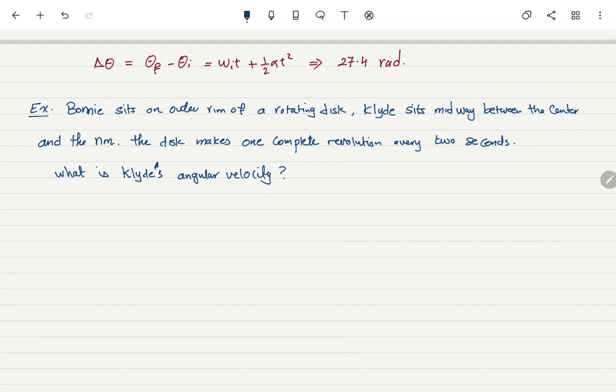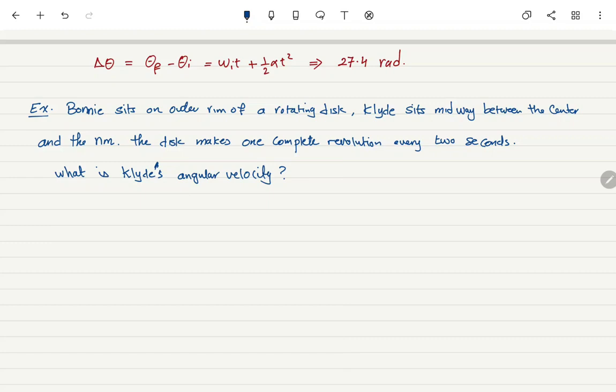Now remember, the angular velocity or omega of any point on a solid object rotating about a fixed axis is the same. Now in this case here, both Bonnie and Clyde go around one revolution, which is 2 pi radians every 2 seconds. So to simply answer this question, Clyde will have the same angular velocity as Bonnie.